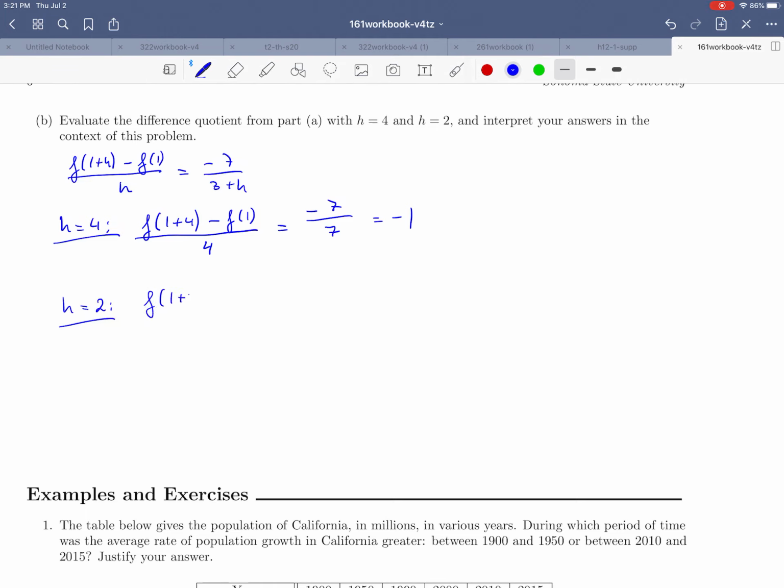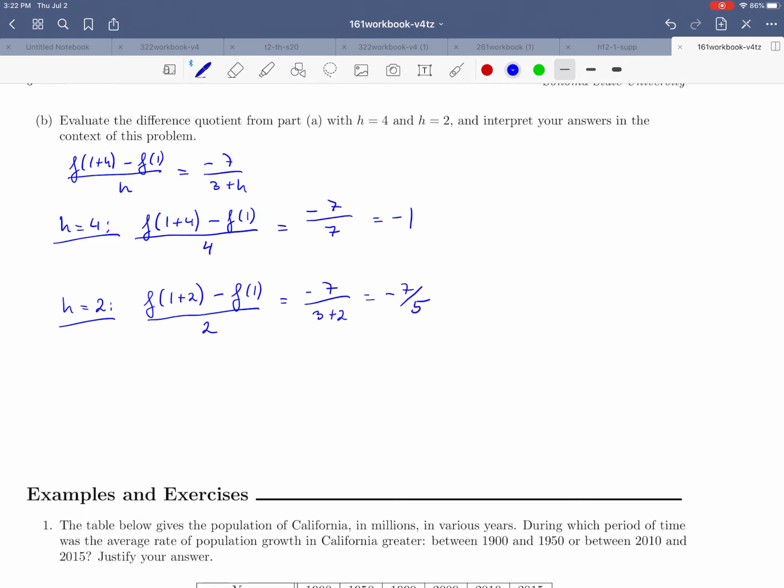We have f of 1 plus 2 minus f of 1 divided by 2. And that is minus 7 divided by 3 plus 2. So that is minus 7 over 5.